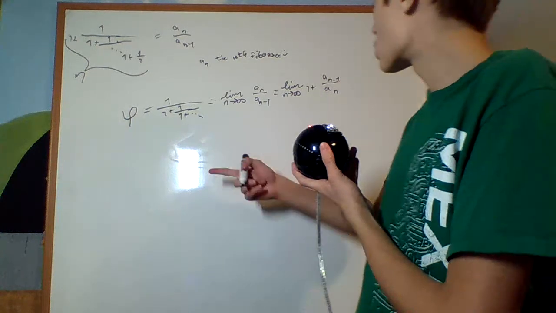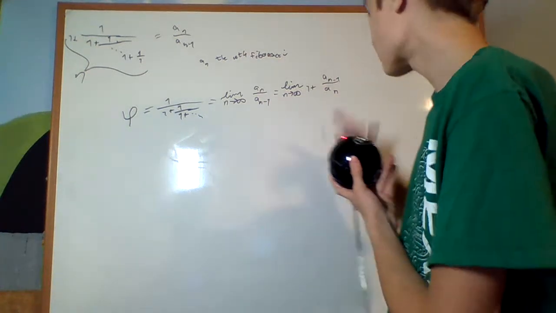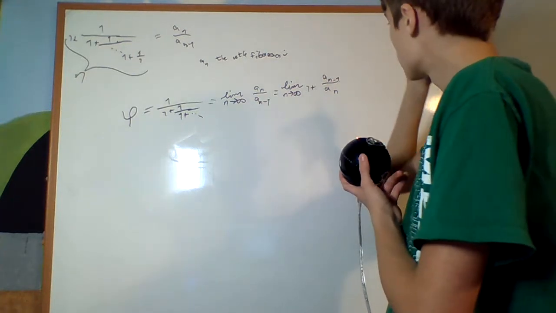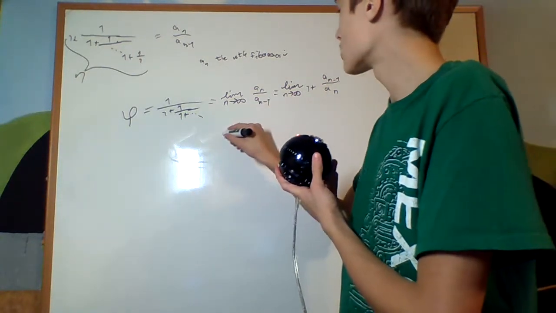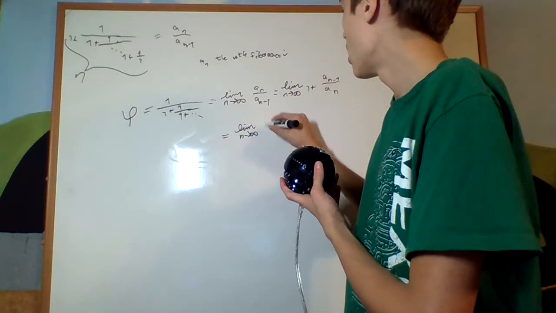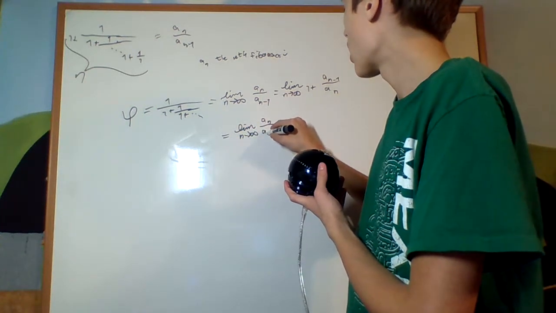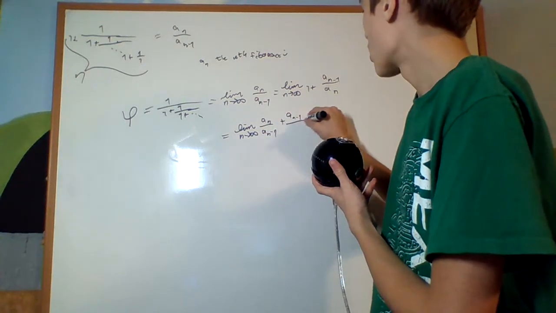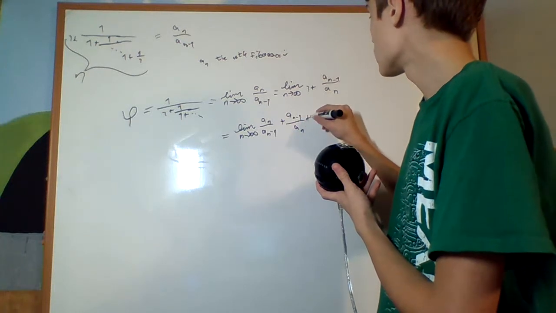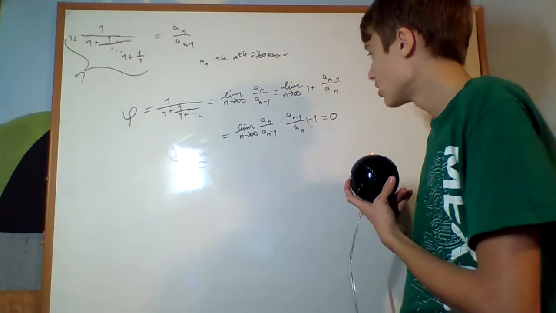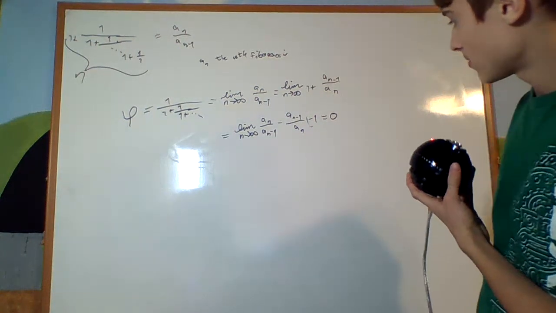Okay, so let's subtract it from both sides. So I get the limit as n goes to infinity of an minus 1 plus an minus 1 over an, minus 1 is 0, right?